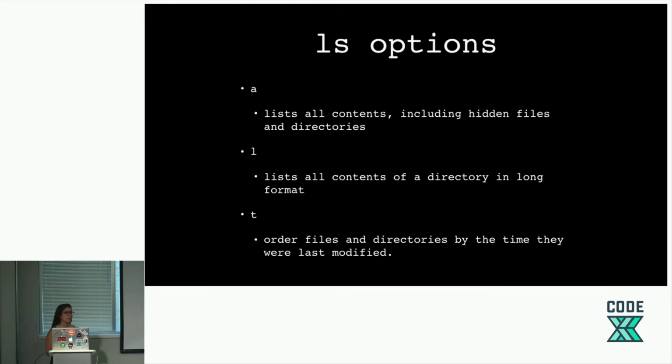So if you create a dot file or directory, you can't see it when you do a normal ls, but if you do ls -a, then you'll see all of your dot files. -l lists all the contents in long form, and we'll go through and see these. You can go ahead and start trying them, typing them out, and that gives you more information about each file rather than just the name. And then if you give it -t, it'll order the files in the directories by the time they were last modified.